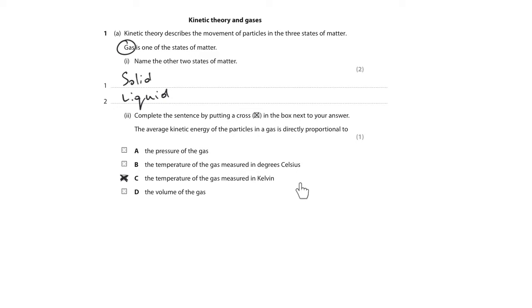This links quite nicely to Miss Saint's topic on rates in chemistry, where you know at a higher temperature things move faster. Kinetic energy is about movement energy. Okay, so if I'm moving faster, I've got more kinetic energy.